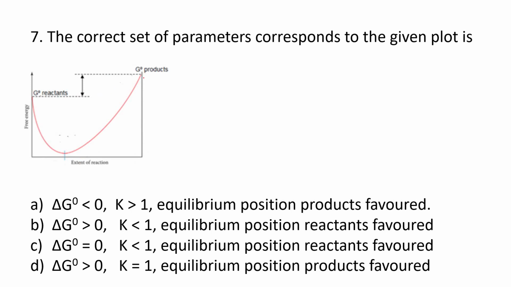Next one. Now, similar things. Here, delta G0 is G0 product minus G0 reactant, and from the graph the product is more here, so this is positive, or greater than 0, right? Now, this equilibrium position is close to the reactant.